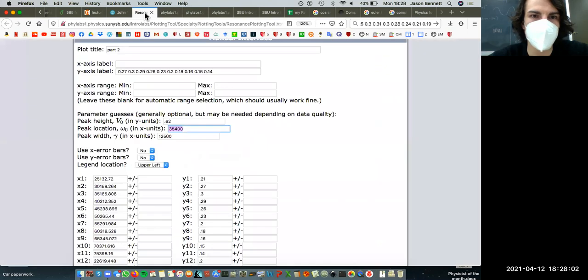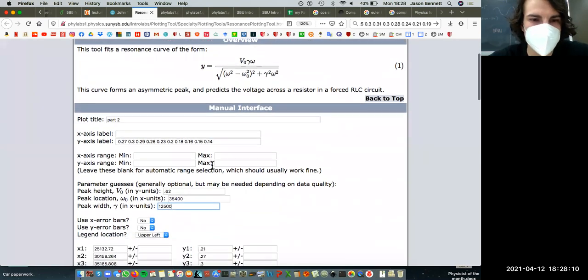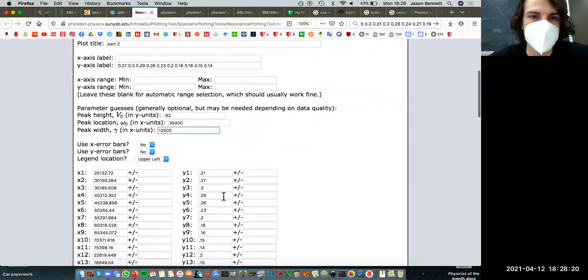If any of you are computer science people, or maybe math people, you might know what this regression technique is, which would be cool if you told other people. You feed it guess solutions, and then the code will run through and say, okay, here's my data. How do I fit it to something that should look like this?